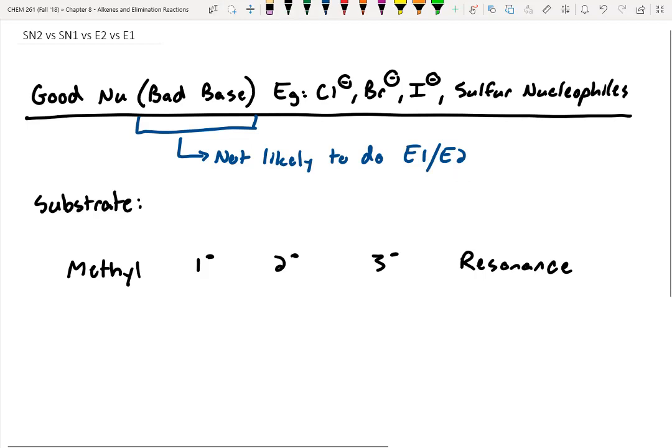All right. So if we think about this one, we've got competing trends. One reaction's much more likely as we go this way. The other one's way more likely as we go the opposite way. So what's way more likely if we have a methyl group containing some sort of leaving group off of it? Is it going to do SN2 or SN1? SN2.